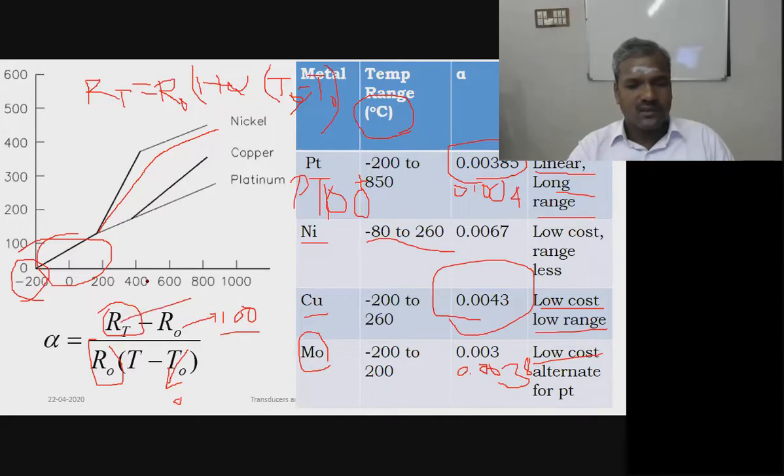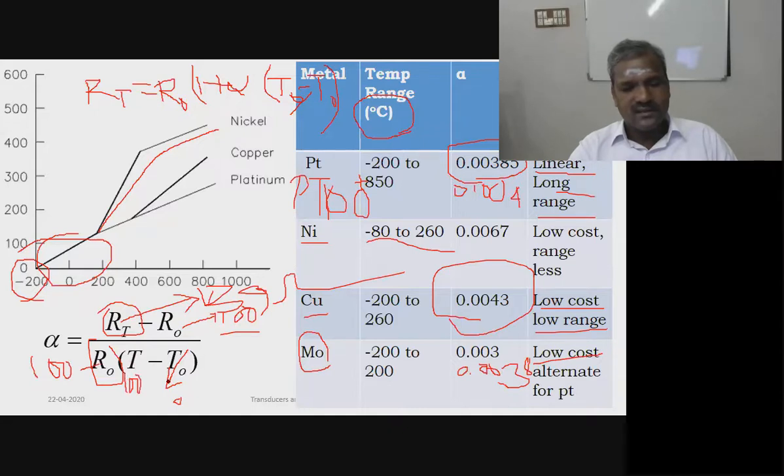So assume that the boiling point of water is 100 degrees Celsius. In that case, what is your RT? Suppose you are getting 139 ohm. R naught is 100 ohm, and T is 100 degrees Celsius.